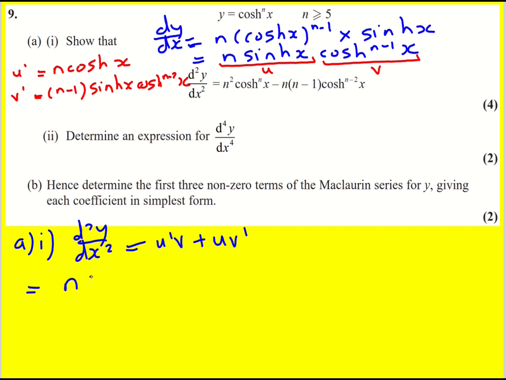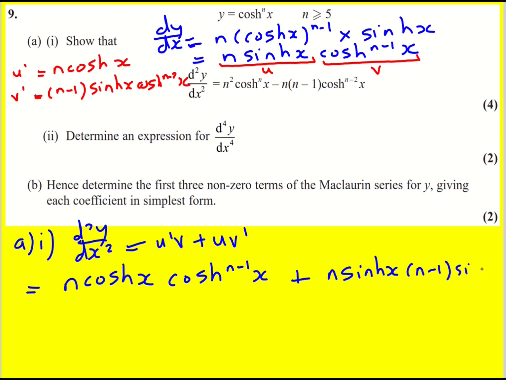So I'm going to get n cosh x for my u dash multiplied by v, which is cosh n minus 1 x, plus u v dash, so that's n sinh x, and then n minus 1 sinh x cosh n minus 2 x. I couldn't quite fit it all in.